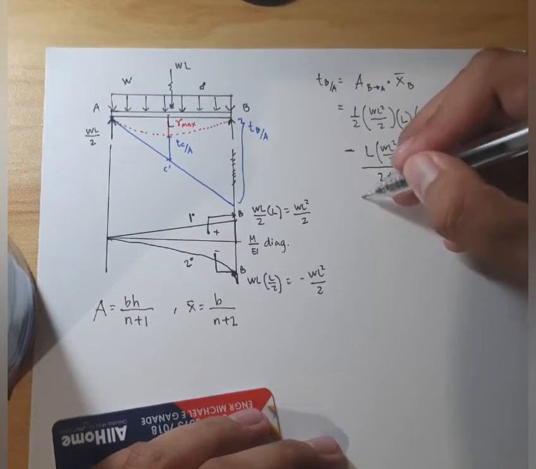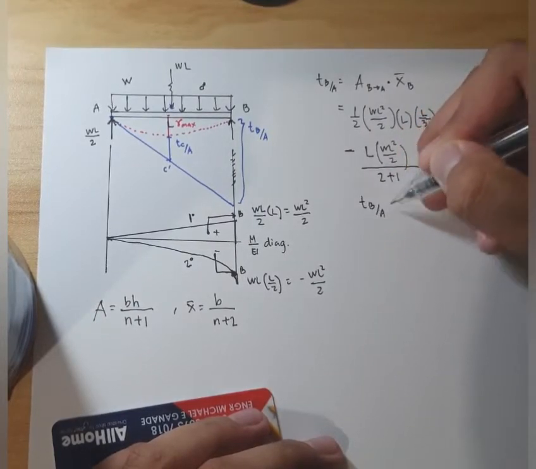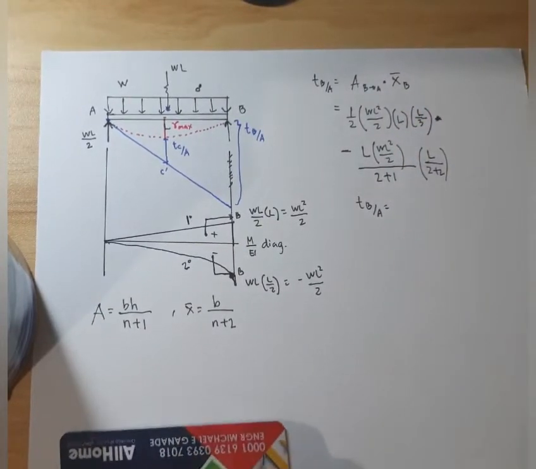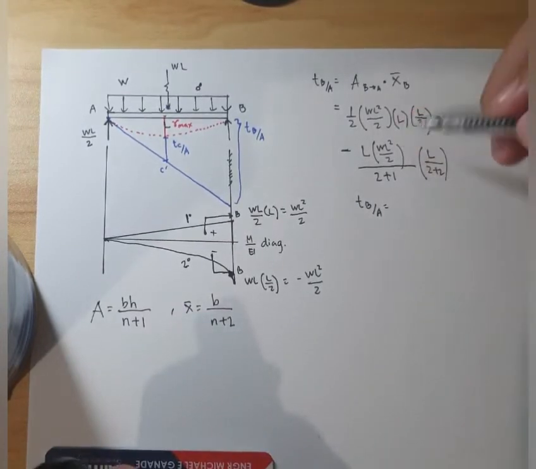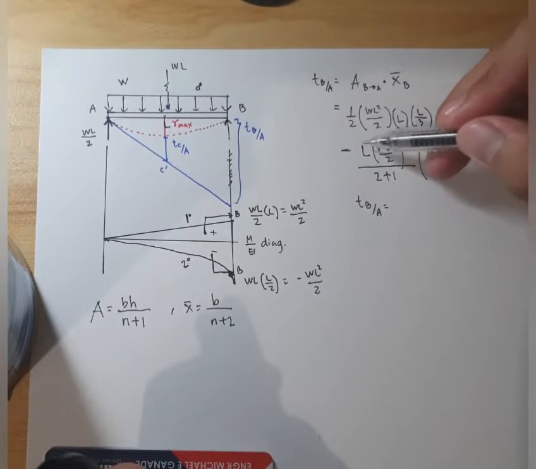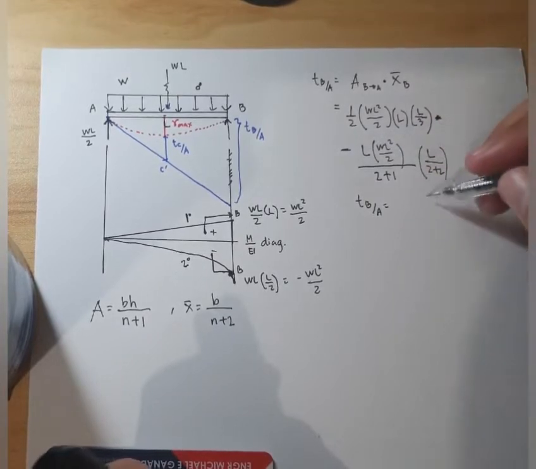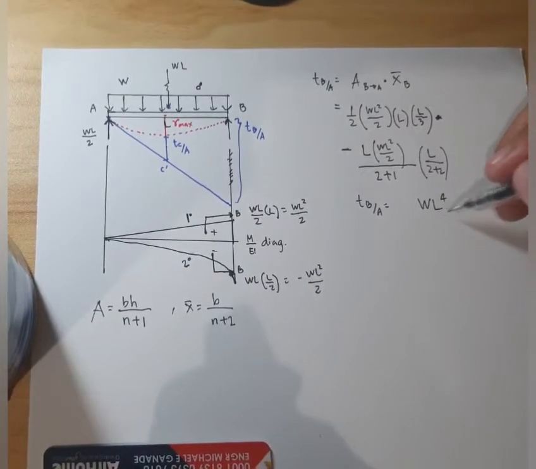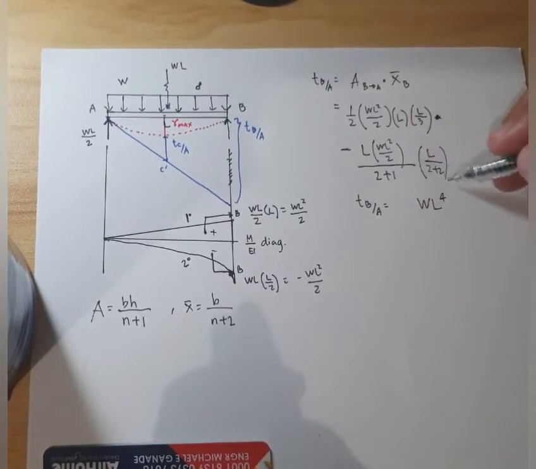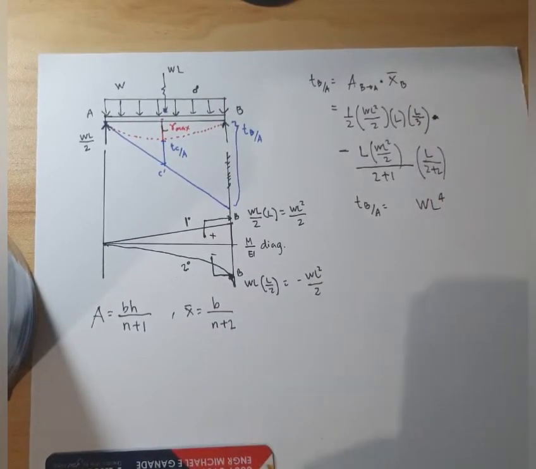Okay, so we have TBA in terms of WL, pila ka L, upat, 1, 2, 3, 4. So WL to the 4. Sureball na gid na ang niya na lang mga numerical.